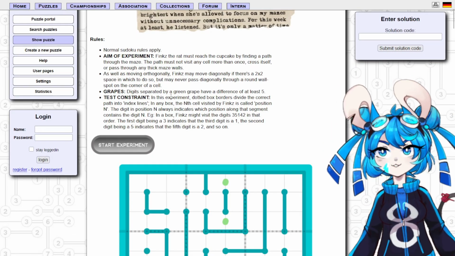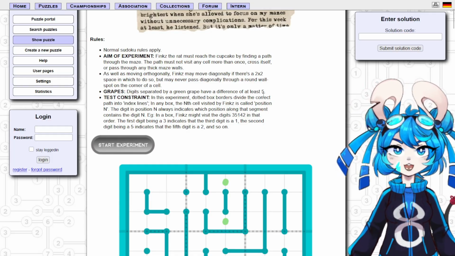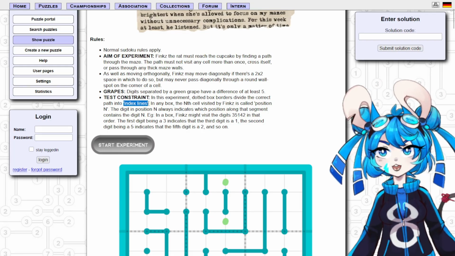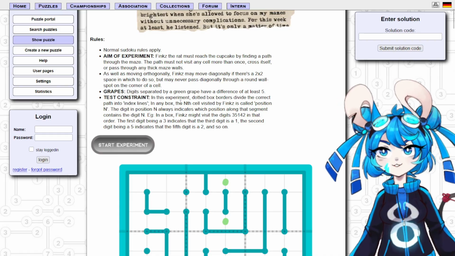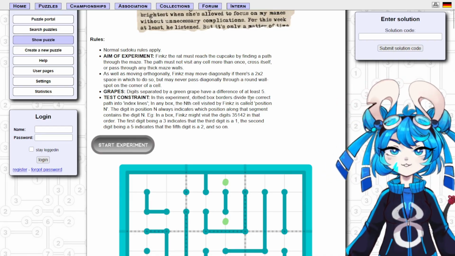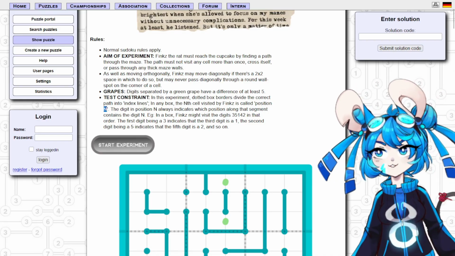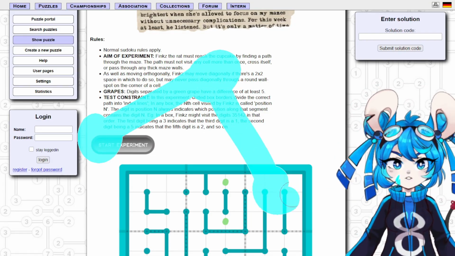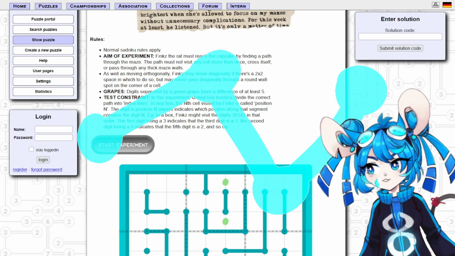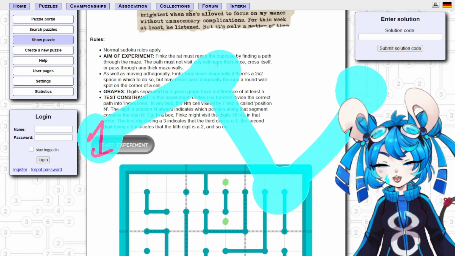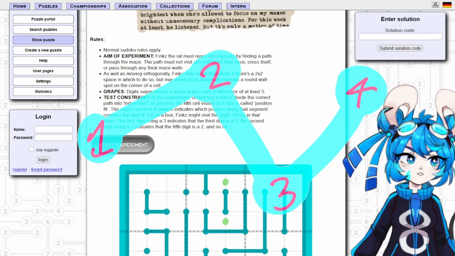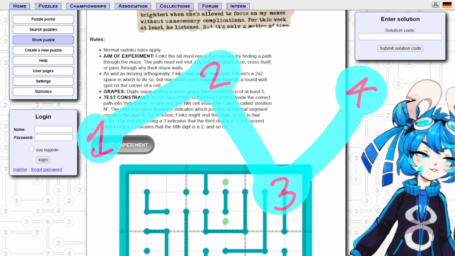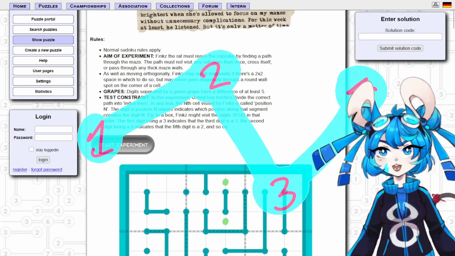Test constraint. In this experiment, dotted box borders divide the correct path into index lines. In any box, the nth cell visited by Sphinx is called position n. So if she goes on a path of 1, 2, 3, 4, they would be numbered thusly, and so on, until she crosses into another box.